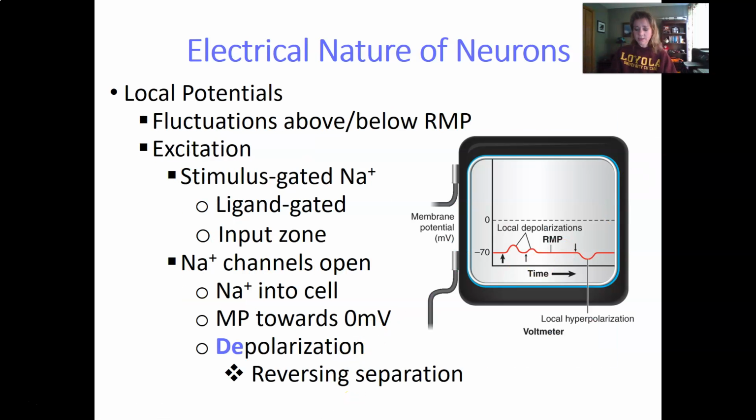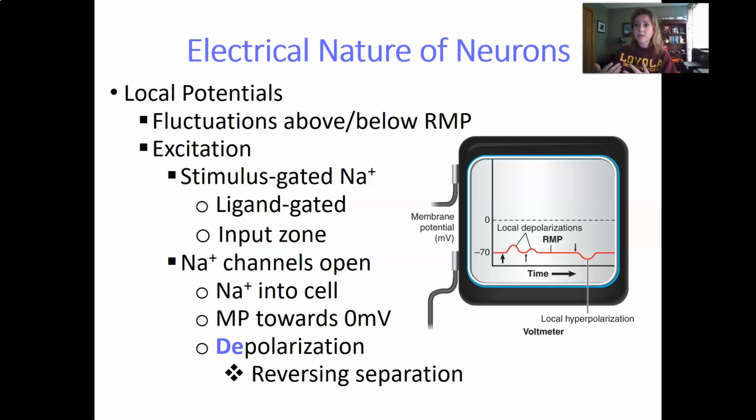So I wanted to talk a little bit about local potentials, because not every stimulus is going to be propagated through a neuron. That would be too much stuff going on, and we just would not be able to handle it. So we're going to have multiple local potentials that are going to occur, but it doesn't mean that they're all going to cause a response, or we'd be responding all the time.